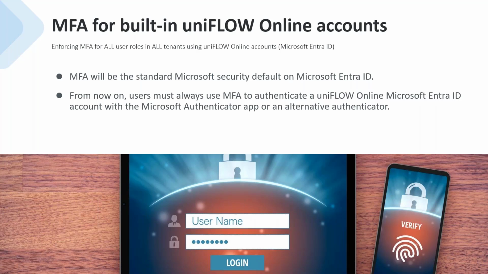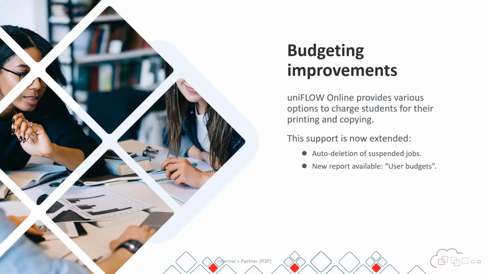So let's take a closer look at the enhancements in our budgeting. As you all know, schools have the option to implement a pay-for-print model environment, which encourages responsible printing amongst the students.